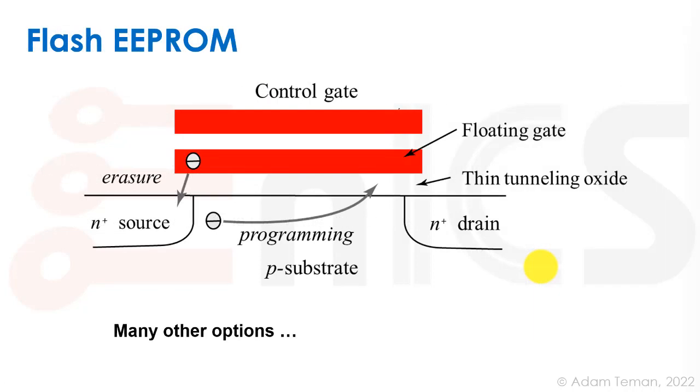The true innovation that made this become something that we all have in our pocket and everywhere was the invention of Flash. And Flash is basically the same thing as EEPROM was. We have here the regular floating gate with a thin tunneling oxide and so forth. The big deal about Flash, the thing that made it really stand out, is the way that it is operated.